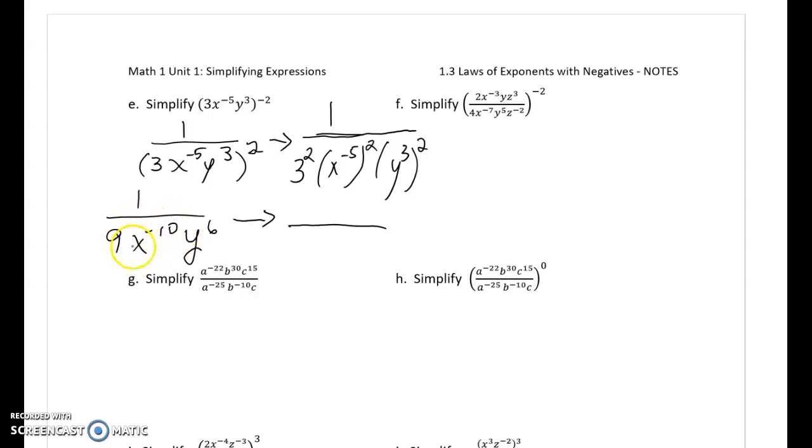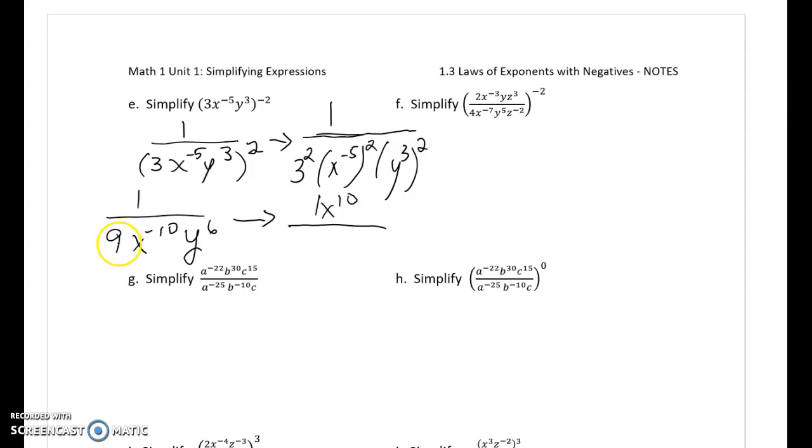Now, because it's in the denominator already, when we flip it, it's actually going to get flipped to the numerator. So right next to the 1, we're going to have that x, and because we flipped it into the reciprocal, that exponent is now going to become positive.